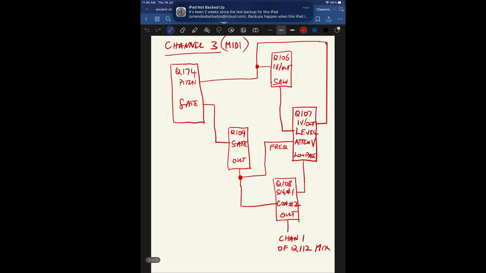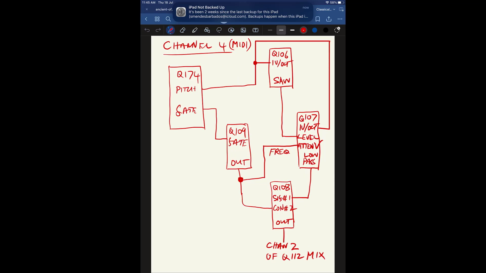Down at the bottom of each diagram, as you look at it, you'll see that the channel of the Q112 mixer, which we're using to mix these parts of our polyphony together, it gives you the channel. See, it says that goes to channel 1 of the Q112 mixer.